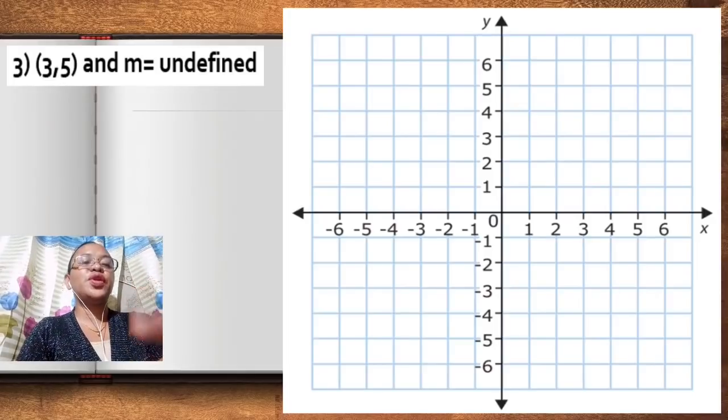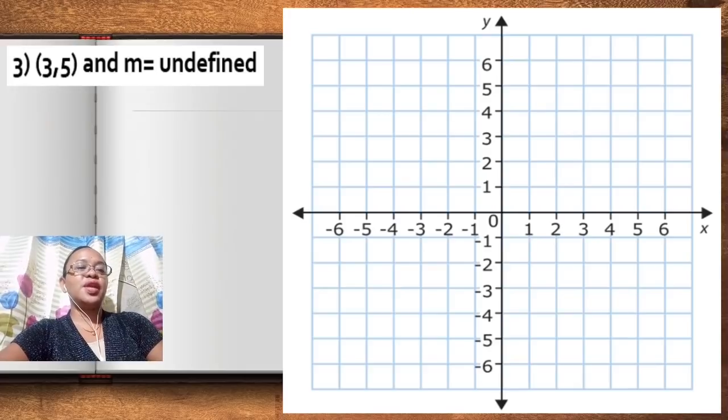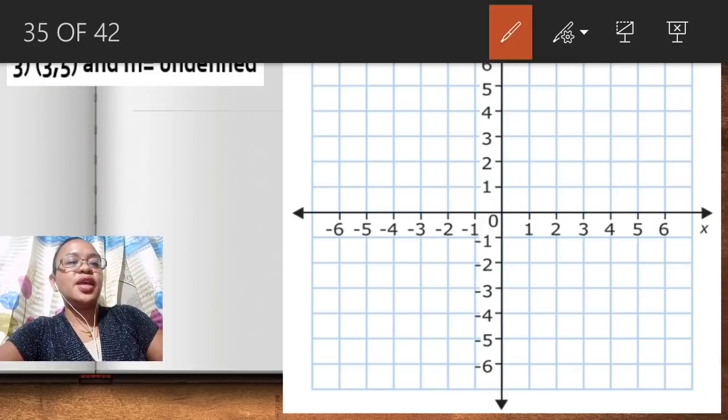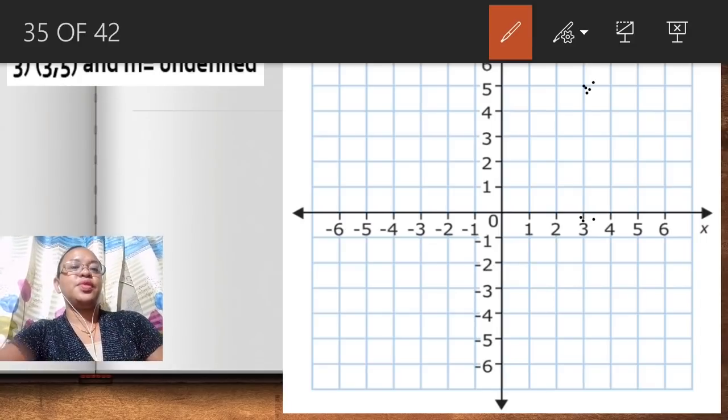So we will look for (3, 5). We have 3 for the x and 5 is the y number. So you go up 5: 1, 2, 3, 4, 5. So that is (3, 5).